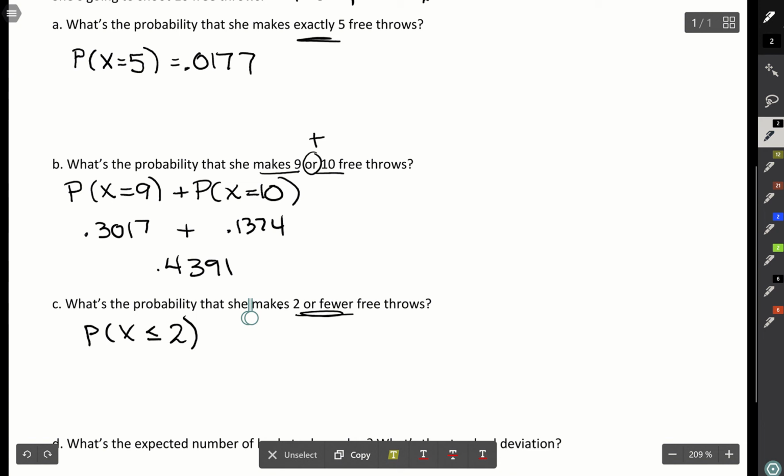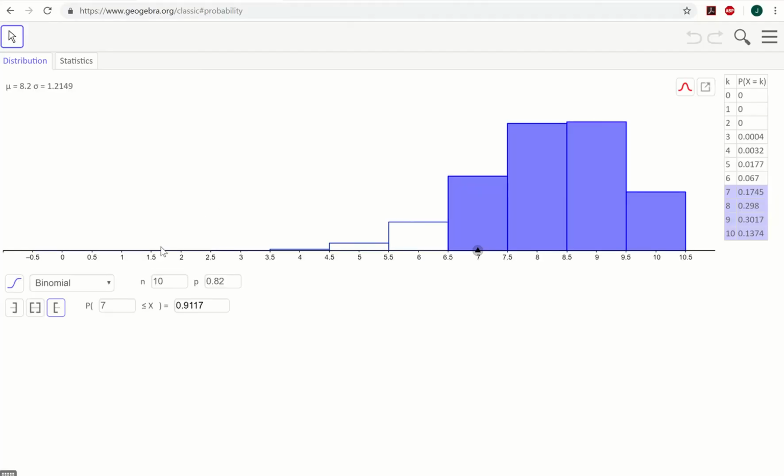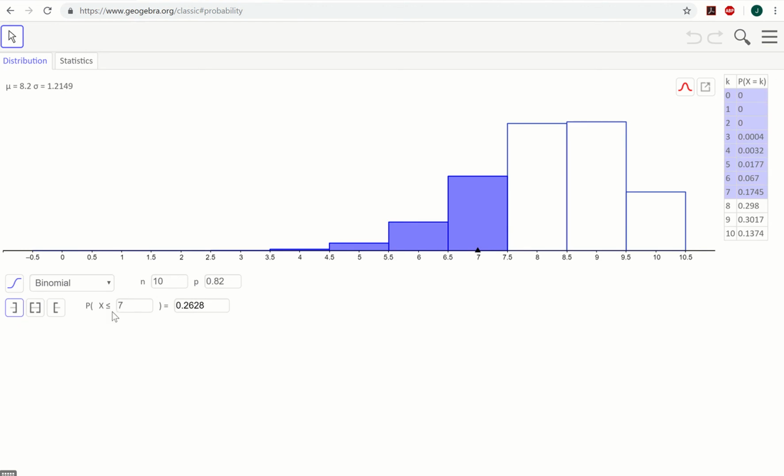If it just said less than 2, we need to be careful with that. But because it's 2 or fewer, we include that 2 in there. So in GeoGebra, this is the left-hand side, so we need the left-sided, and then I just type in 2 and hit enter so everything adjusts, and what we can see is that it comes out to 0.